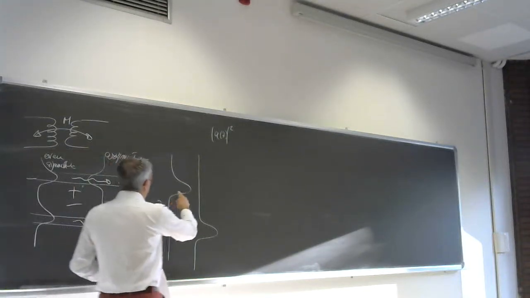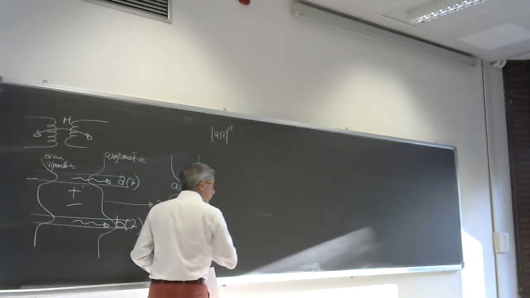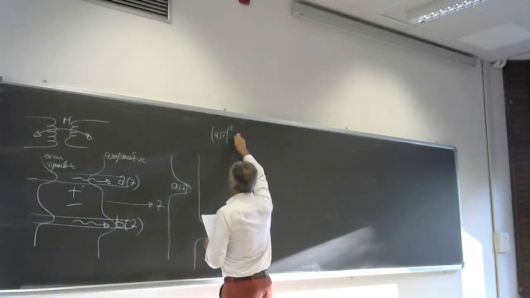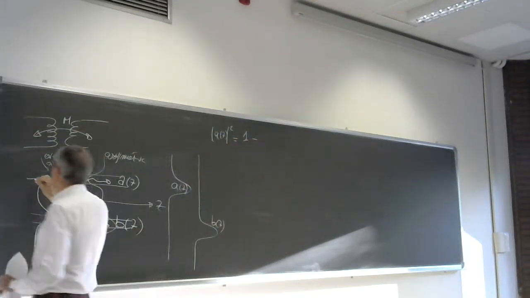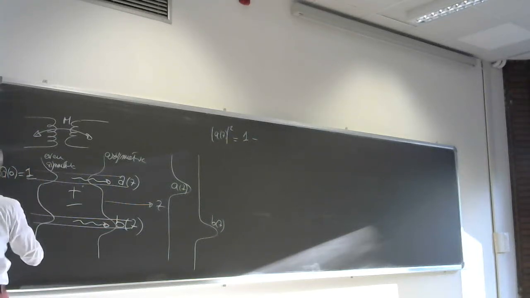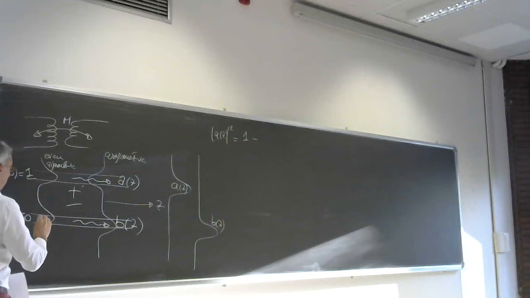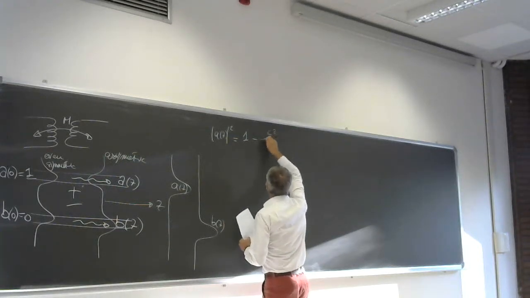So basically, A is this one, and B is this one. And we found this expression in case you start with A of 0 equal to 1, B of 0 equal to 0.